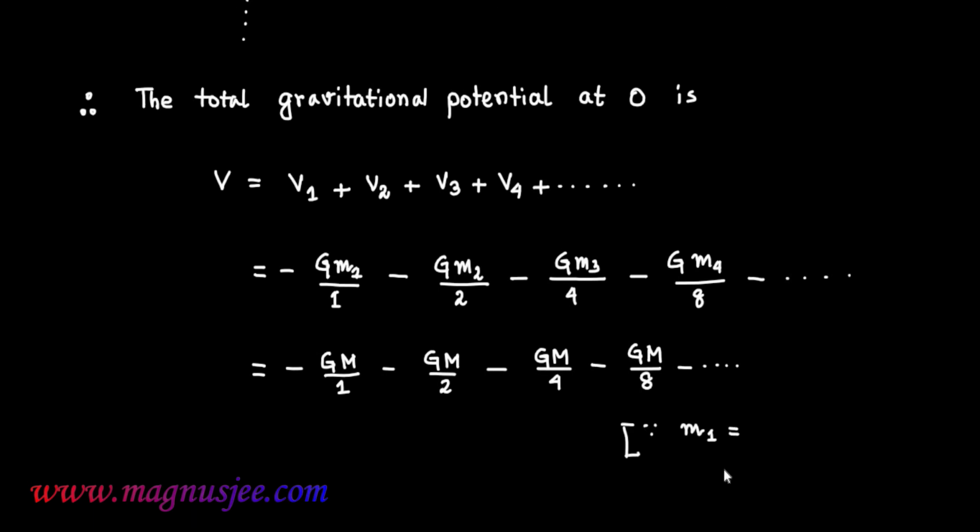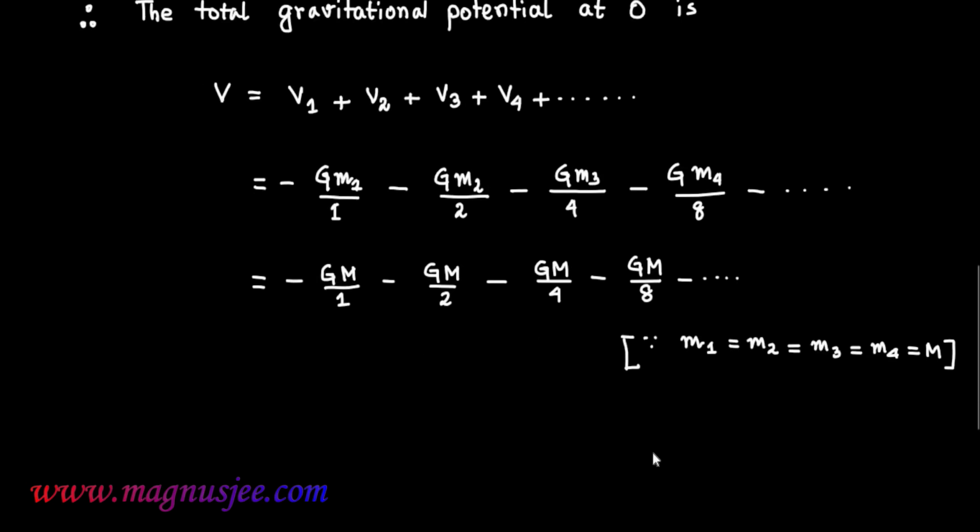Here all the bodies have the same mass, since m1 equal m2 equal m3 equal m4 equal M. So putting the values of the masses, we can take minus GM common: minus GM bracket open 1 plus 1 by 2 plus 1 by 4 plus 1 by 8 plus and so on.